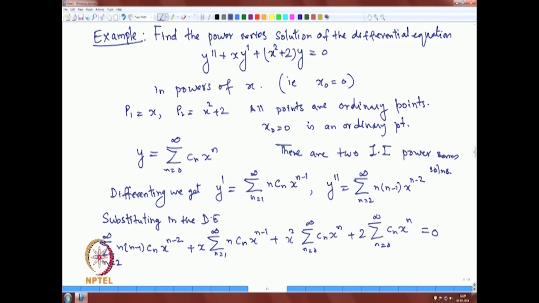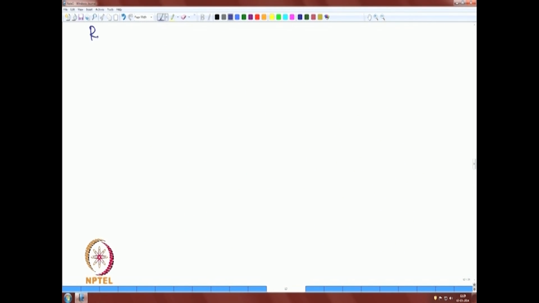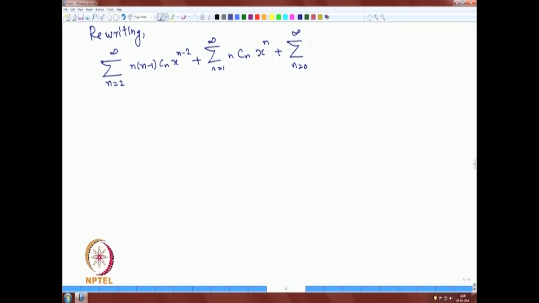Since x is independent of the index, we may rewrite this. So, rewriting we get summation n goes from 2 to infinity n into n minus 1 Cn x to the power n minus 2, the first term, plus summation n equal to 1 to infinity n into Cn x to the power n, plus summation, if we multiply each term by x, you get x to the power n, and n goes from 0 to infinity, the third term, there also we did a multiplication by x square.